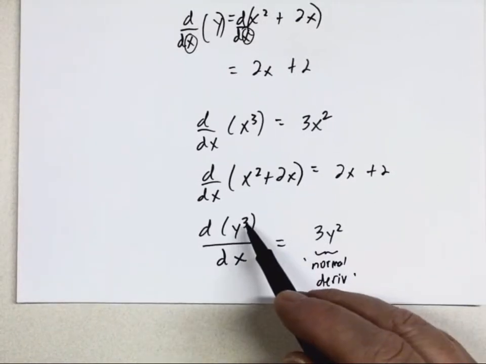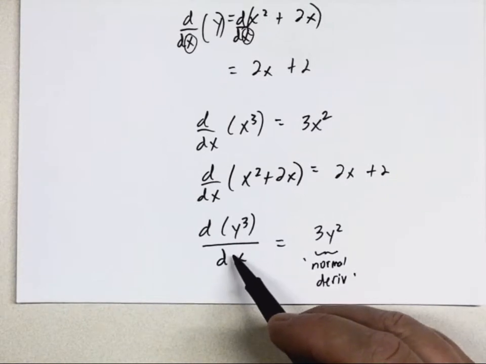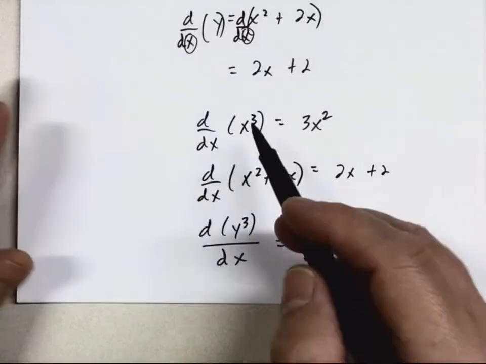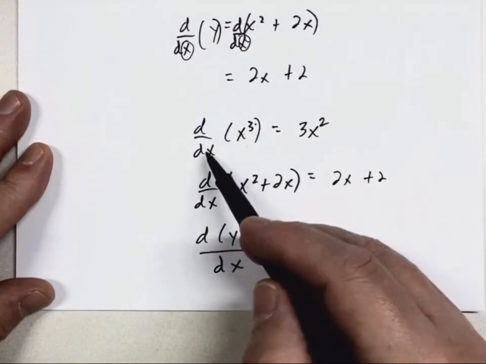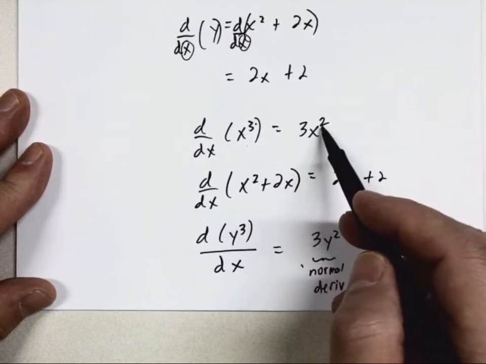But if the variable in your expression is not the same as the variable you're taking the derivative with respect to, in other words, up here, x cubed and x, you just take the normal derivative rule and you're done.